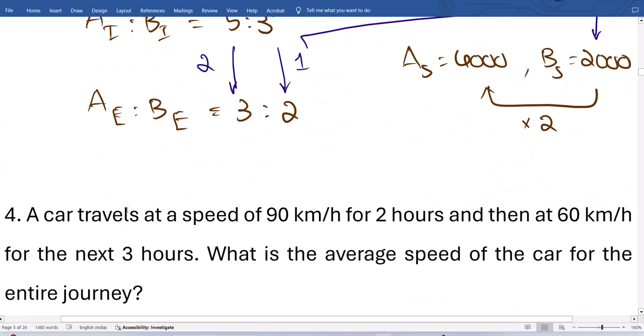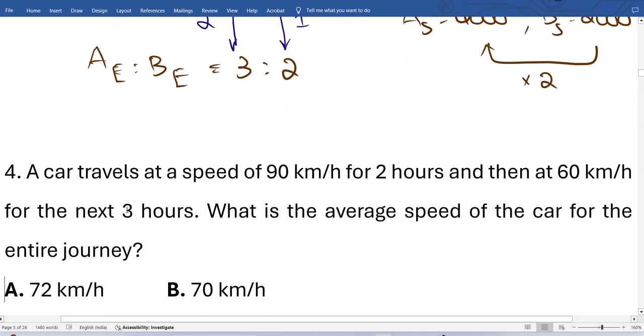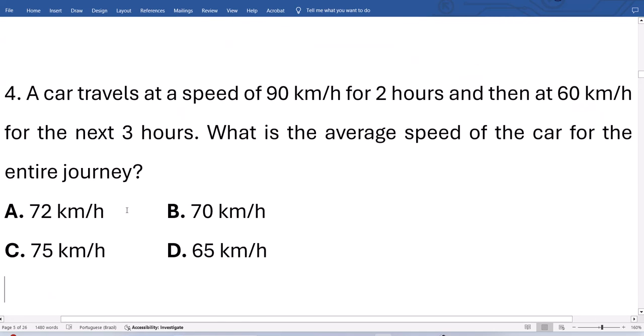Now let's have a look at this question. Average speed. A car travels at a speed of 90 km per hour for 2 hours and then at 60 km per hour for the next 3 hours.